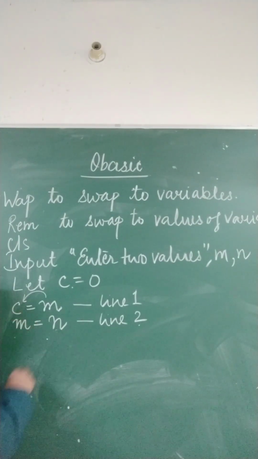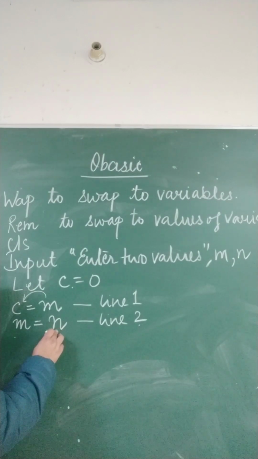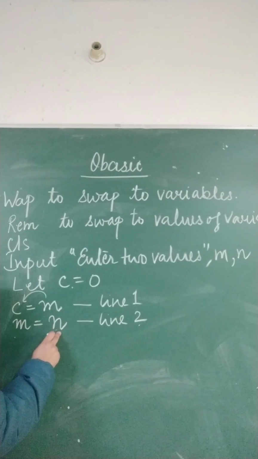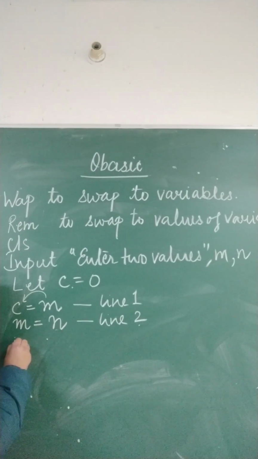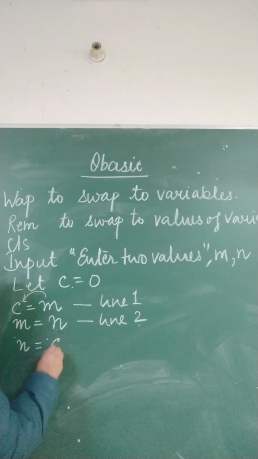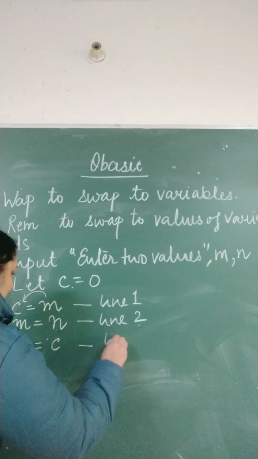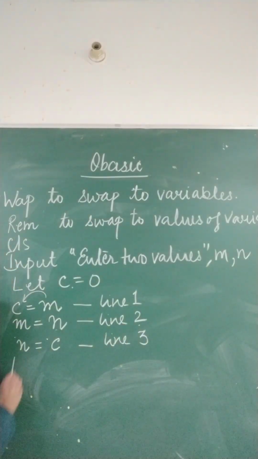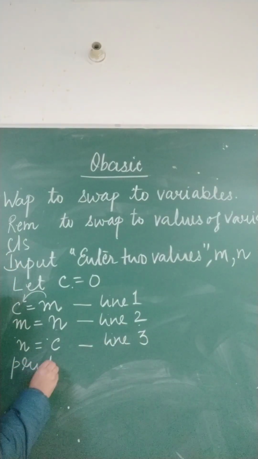Now I am having the value of n at two places, in m and n, right? So now I can overwrite the value of n with c. This is line 3. So now I will write the print statement.